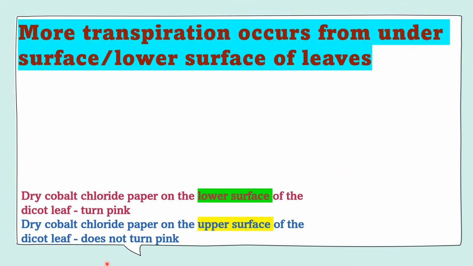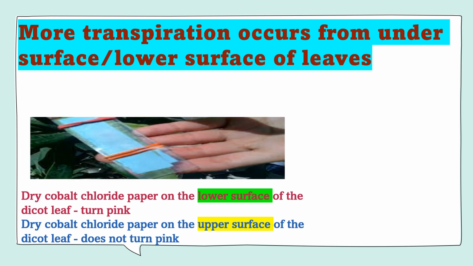Let us see that. More transpiration occurs from the undersurface or lower surface of leaves. This can be proved by an experiment in which pieces of dry cobalt chloride paper are attached to the two surfaces of a leaf and held in position by two glass slides on either side, tied together by elastic bands.